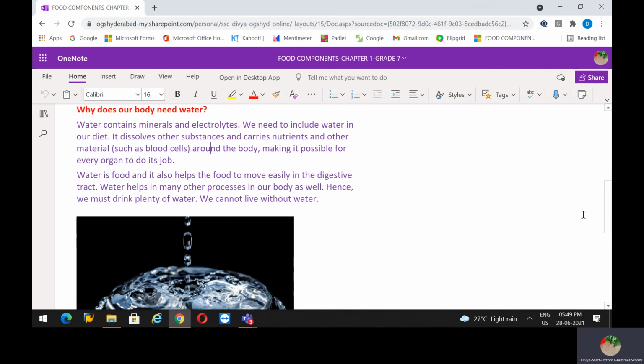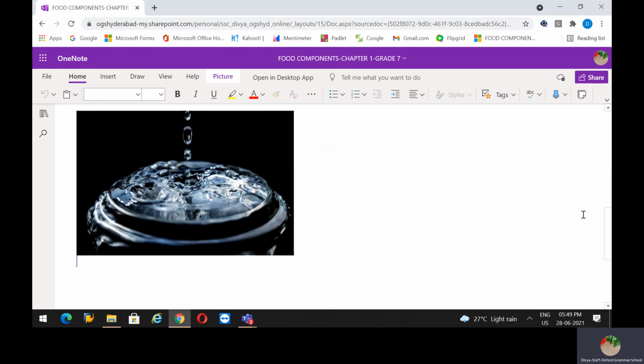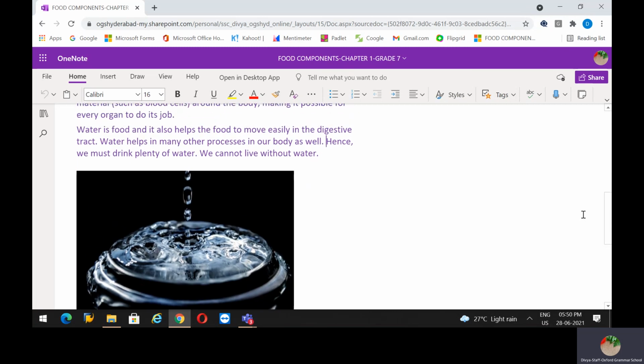Water helps the food to move easily in the digestive tract and helps in many other processes in our body as well. So we need to drink plenty of water.